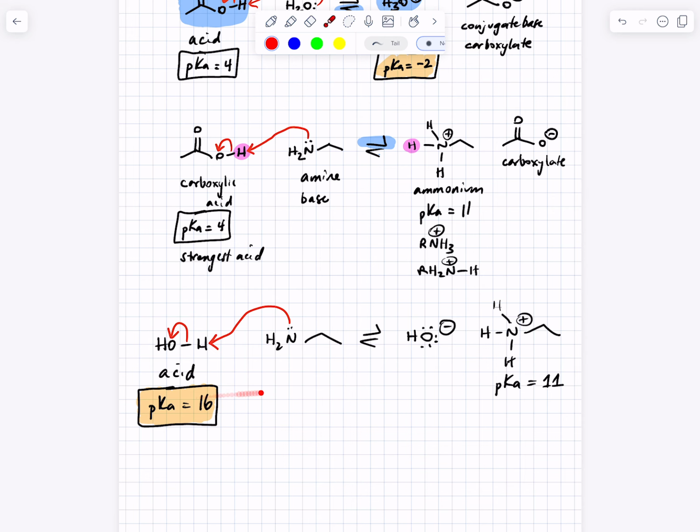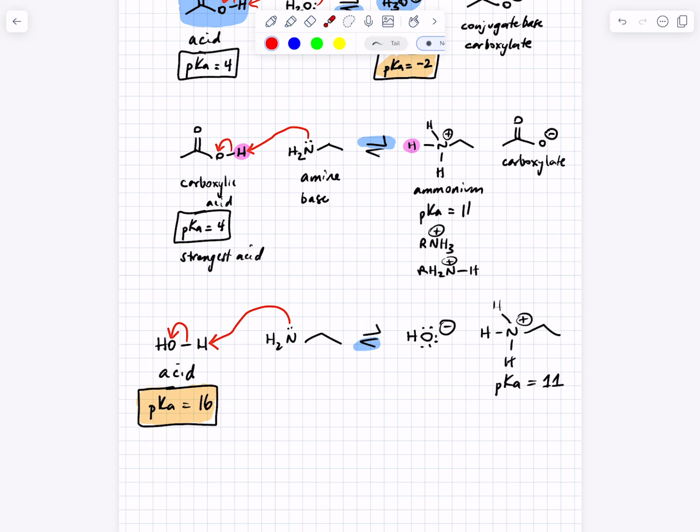Based on that comparison, which side dominates at equilibrium? Reactants, right? Because the strongest acid in this case is the ammonium ion. Its pKa is lower. So we would conclude that at equilibrium we favor the left-hand side. Okay? So you can use pKa values to make judgments about whether a reaction's reasonable or not.